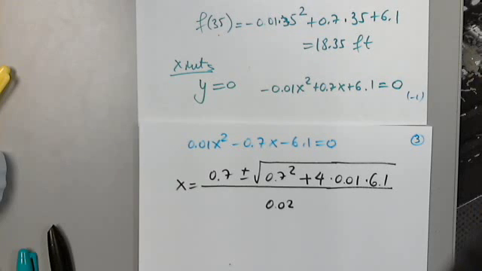Parentheses around the top, 0.7 plus the square root, parentheses, 0.7 squared plus 0.04 times 6.1, close the parenthesis, go outside, close the parenthesis, and divide by 0.02. And press enter. I got 77.84 feet. And you can say, but there is another solution. True, but it will be behind me. It will be a negative number.